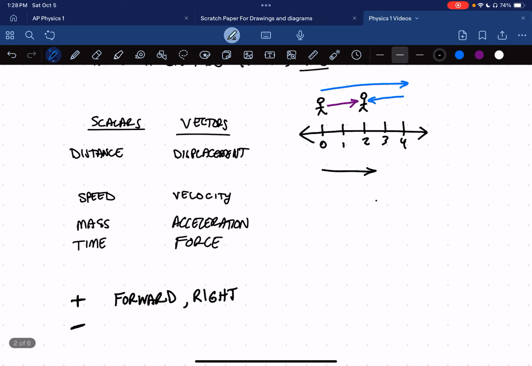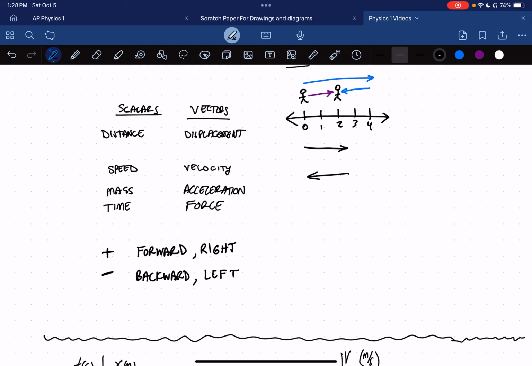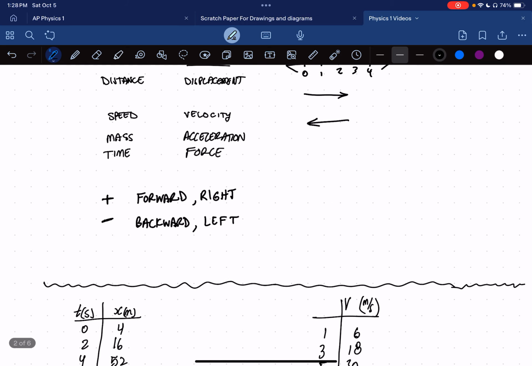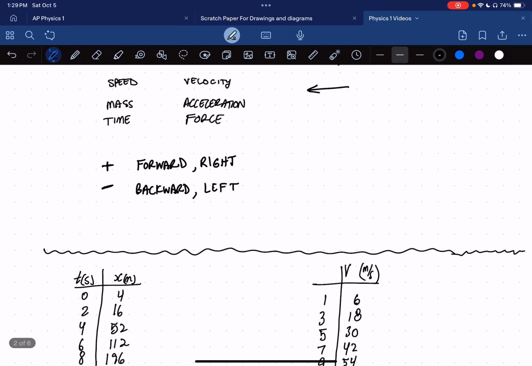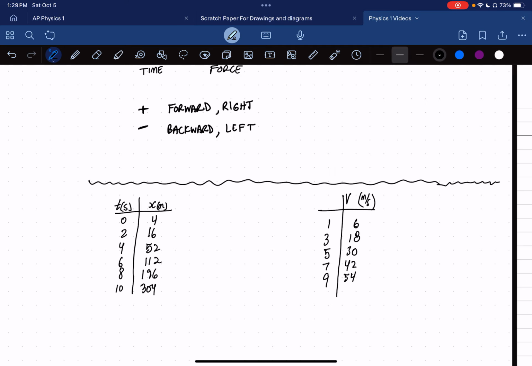And of course, if we are moving in the negative x direction, we can say that's moving backward, or we can say that's left. We'll do some examples in just a moment to really see how that works.